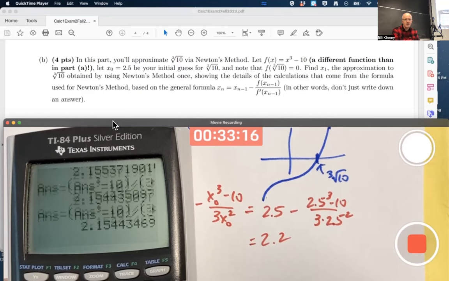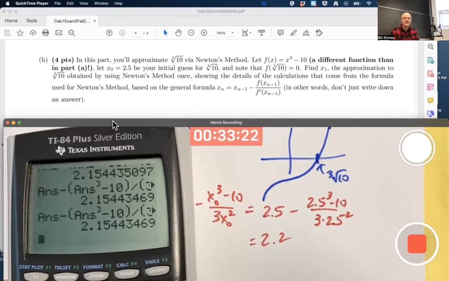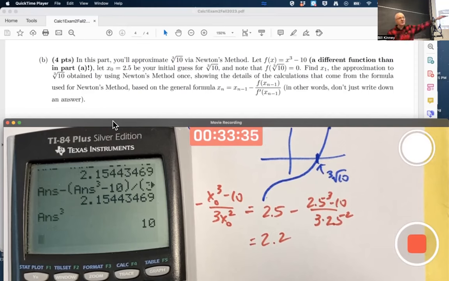All of a sudden, we're at a point where the numbers don't change very much anymore. In fact, you can't tell a difference there between what, I don't know if those are like x4 and x5. And that essentially is the cube root of 10. Good enough approximation that the calculator, when I cube it, is rounding to 10. In reality, the cube root of 10 is irrational. The decimal expansion goes on forever and ever without a repeating pattern.